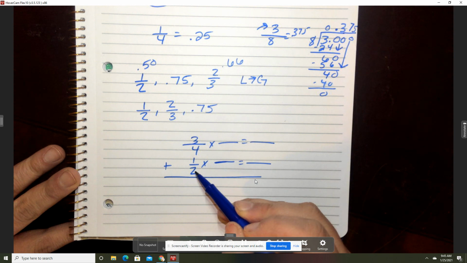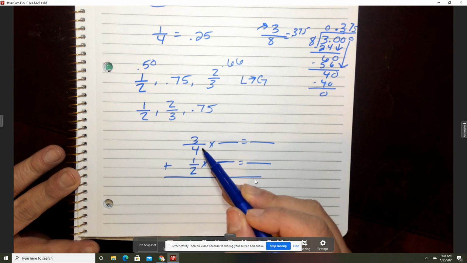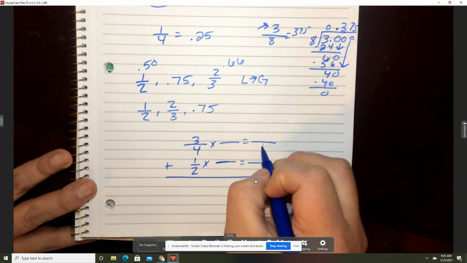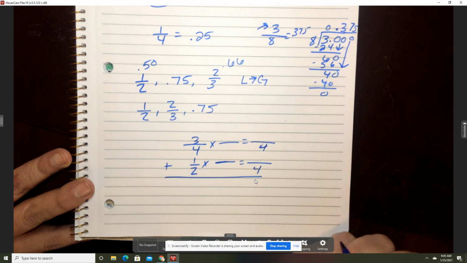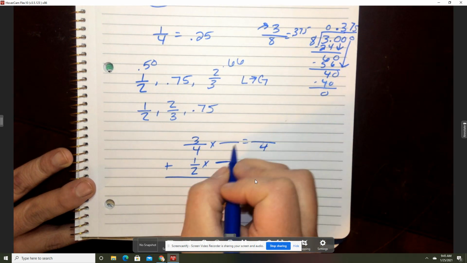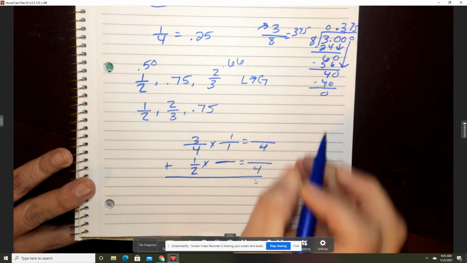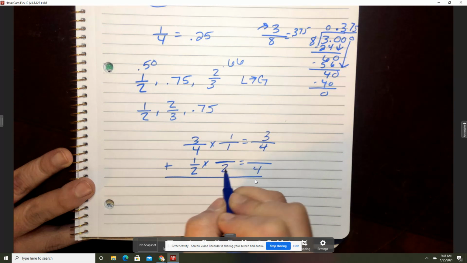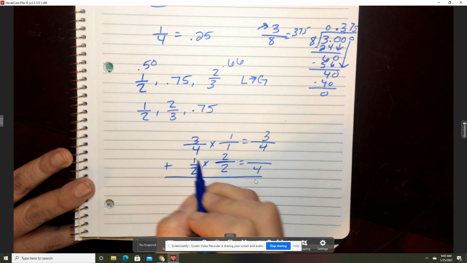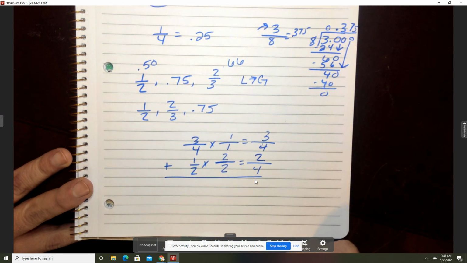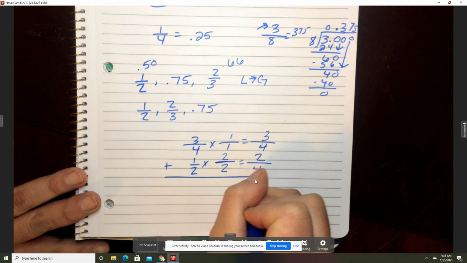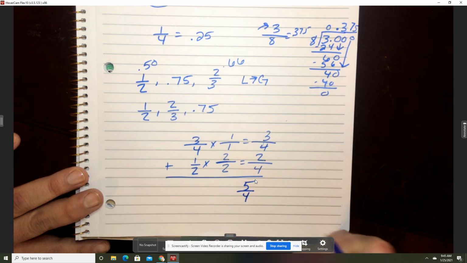Looking at my smallest denominator, can it go into the biggest evenly? Can you divide that evenly? Yes. So 4 will be our denominator. 4 will go into 4 one time. 3 times 1 is 3. 2 will go into 4 two times. What you do to the bottom, you do to the top. 2 times 1 is 2, and you're ready to add. 3 plus 2 is 5 over 4.